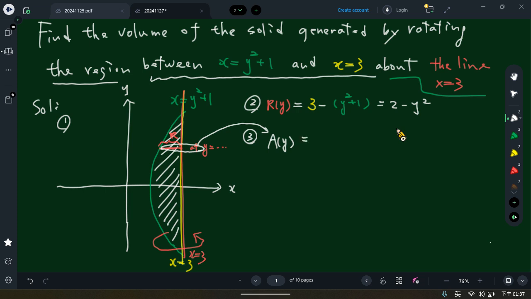It will be pi R of y squared, so that will be pi times 2 minus y squared, squared.